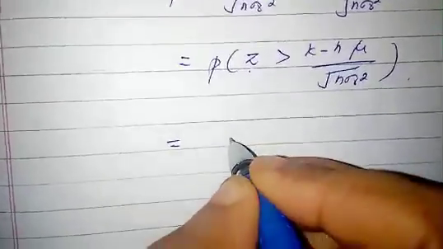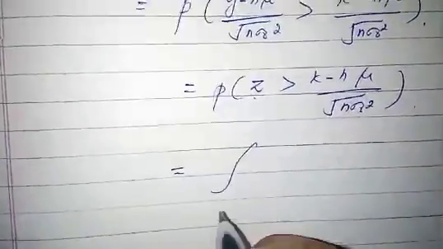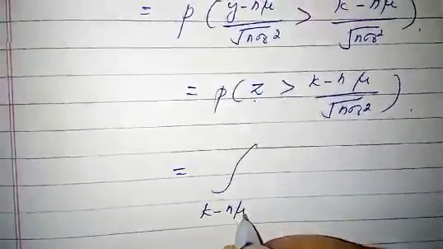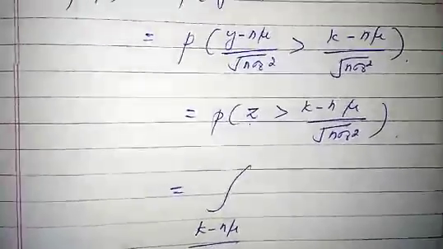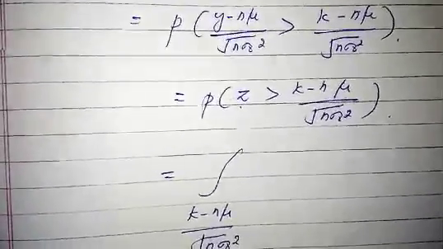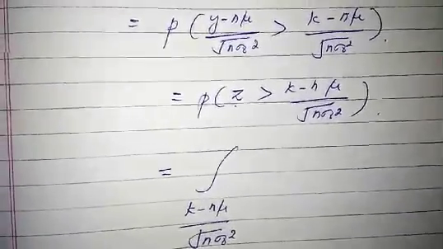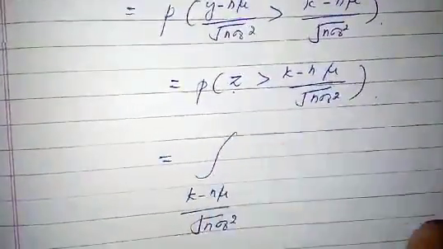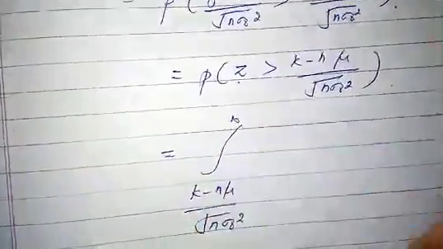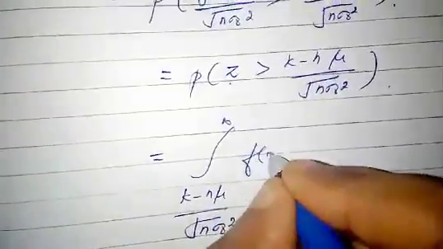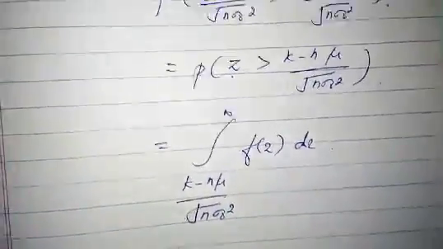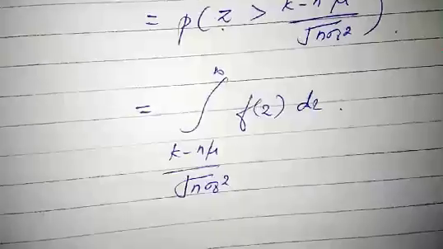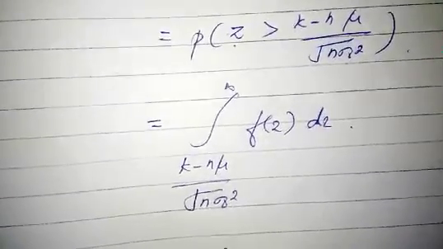It's equal to the integral with lower limit k minus n mu divided by square root of n sigma naught square, upper limit infinity, then f of z dz, right? What is f of z here?